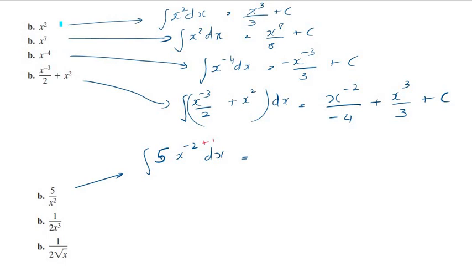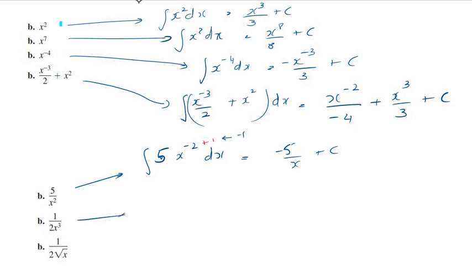So the antiderivative would be minus 5 over x plus c. The reason you write that is because when you add 1 the value is minus 1, so it's minus 5 divided by minus 1 times x.